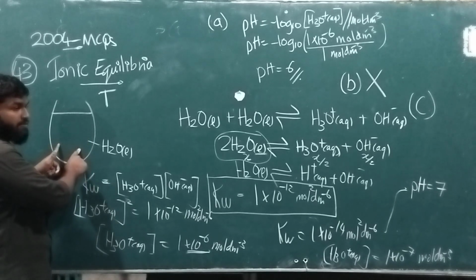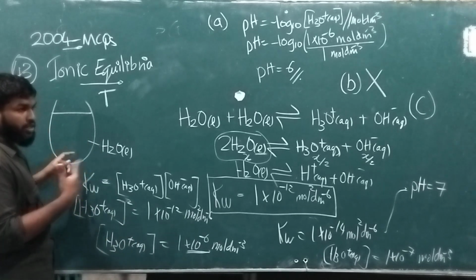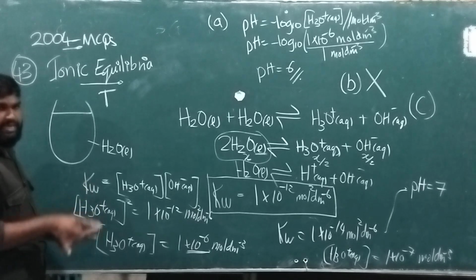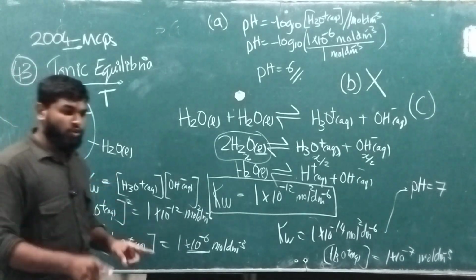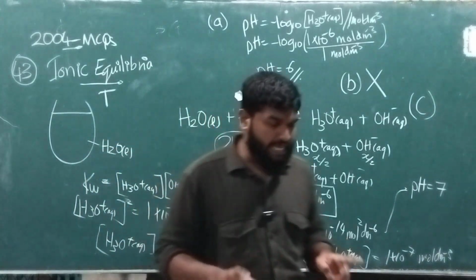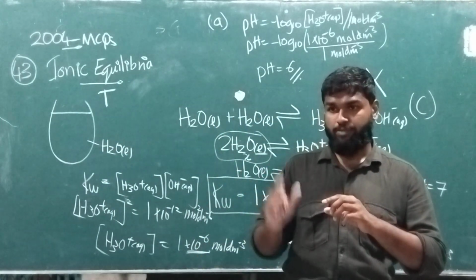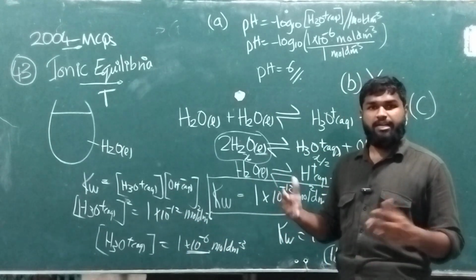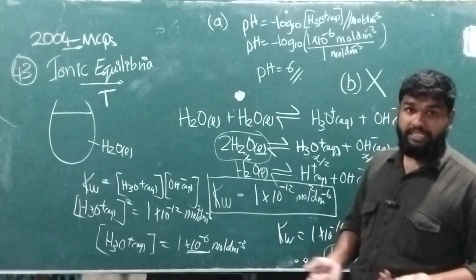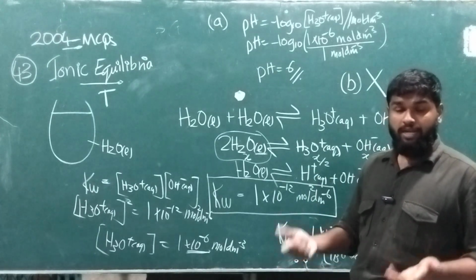Strong electrolytes mean those that release H plus or OH minus in the aqueous medium completely. Weak electrolytes mean those substances that partially release H plus and OH minus in their respective media. For example, acetic acid, ammonium hydroxide, right?